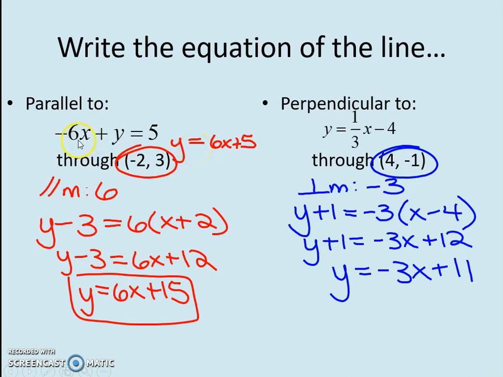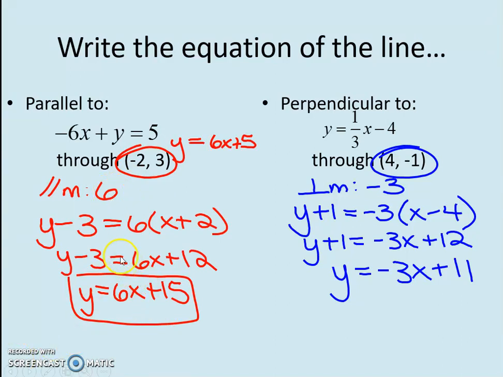You're going to add 6x on each side, so you're going to have y equals 6x plus 5. And then that line needs to go through this point. So we know a parallel line is going to have the same slope, which is 6, and it's going to go through this point. So that's going to be a point and a slope.